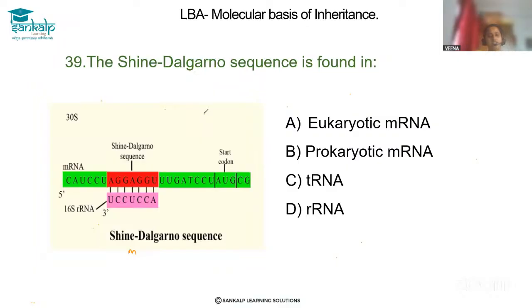Let's solve question 39. The Shine-Dalgarno sequence is found in. So dear student, whatever you are observing in the image here is the sequence. So the 7 base pair, okay, this 7 nucleotide sequence is called the Shine-Dalgarno sequence.